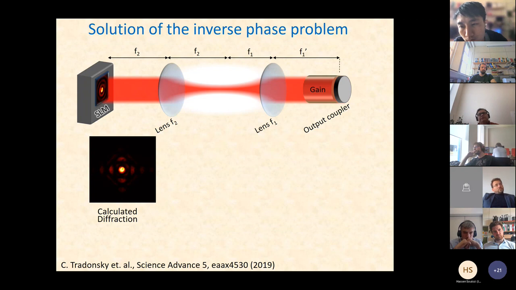So if we know the external shape of the object, in this particular case we knew that it's a circle, we'll just put an aperture here in the Fourier plane that limits it to the external size. So for the correct phases, we will get the correct object, which fulfills the compact support assumption. But if the phases are incorrect, light will be diffracted outside of this region, and will cause loss.